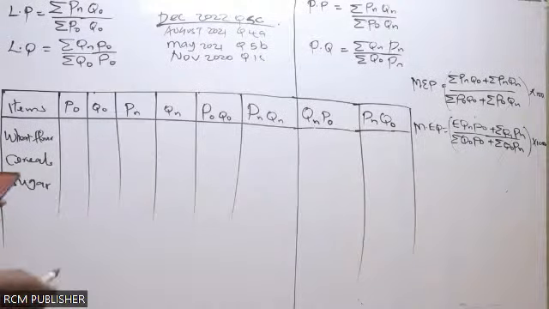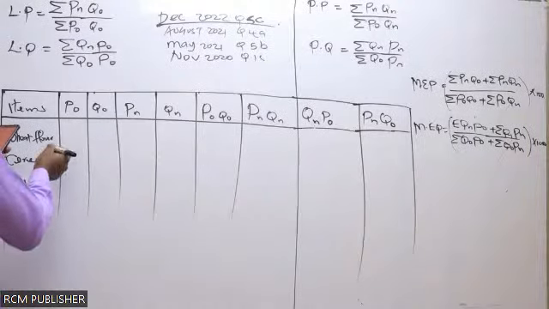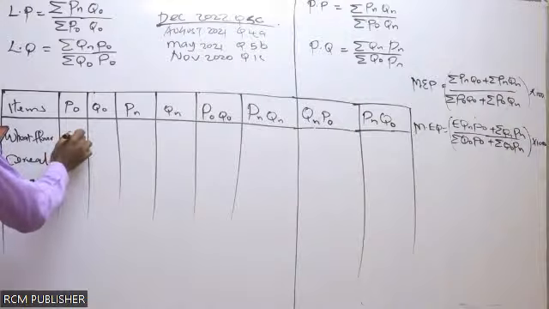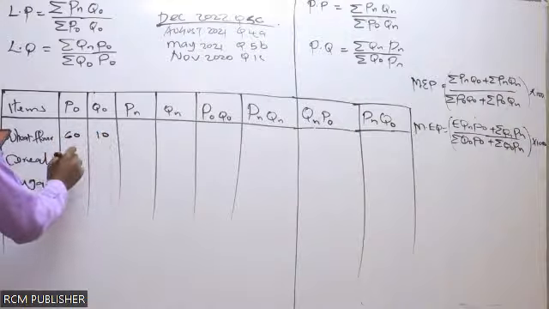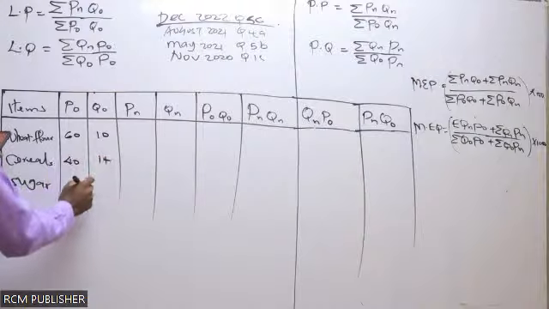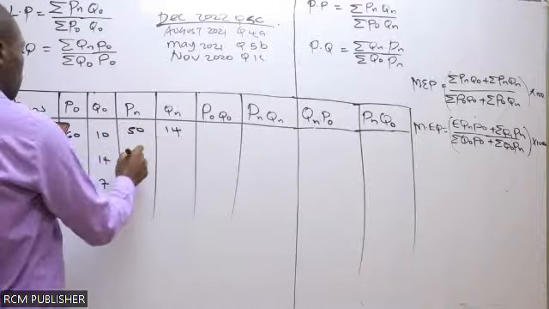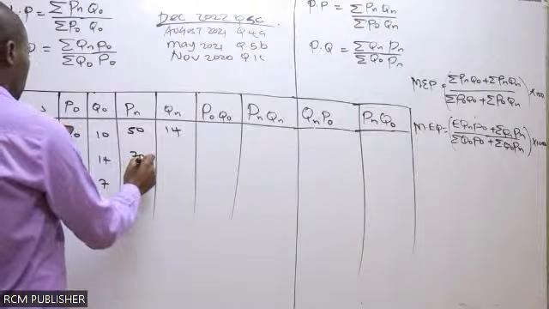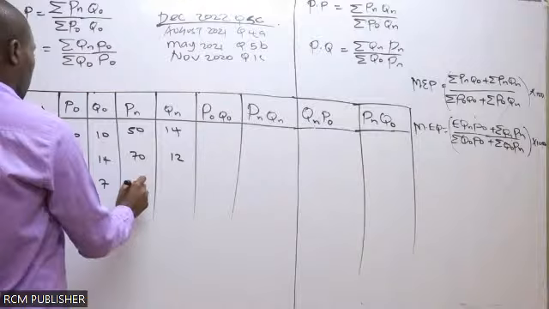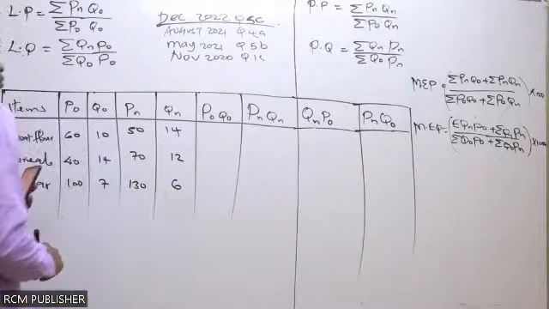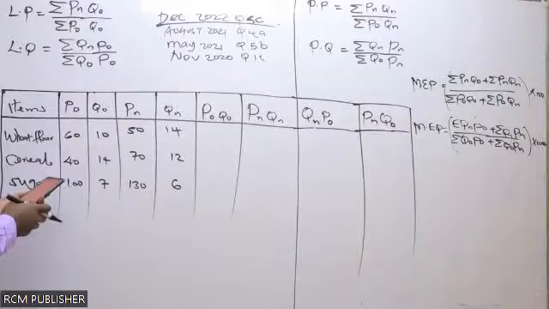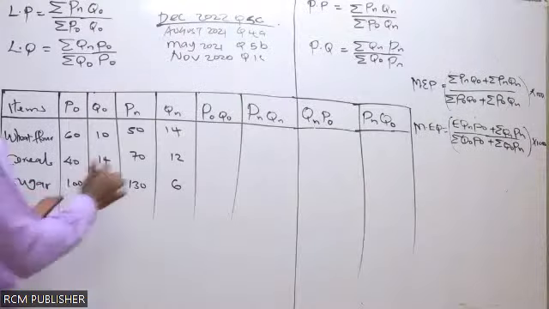The ones that have been given to us, of course, we have PO to be 60, 10, 40, 14, 107, then 50, 14, 70, 12, 130, 6. That is what we have been given.